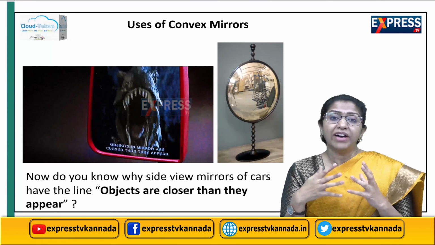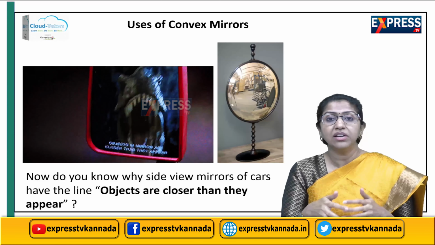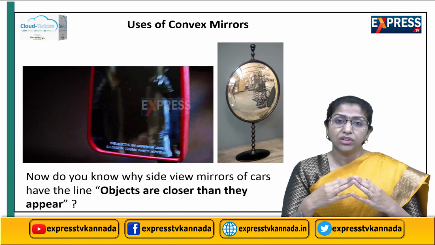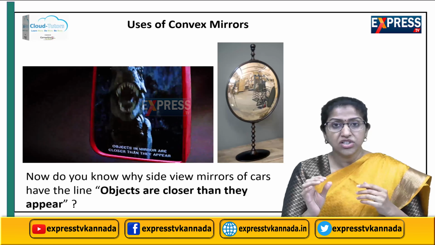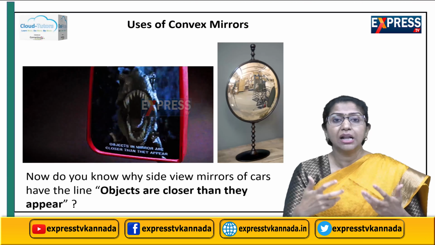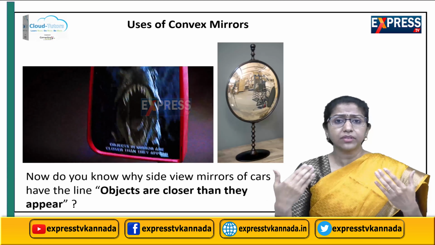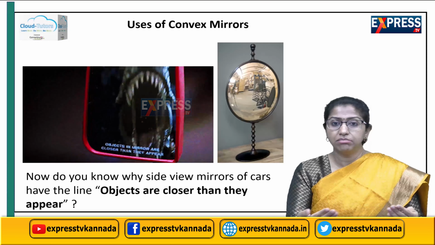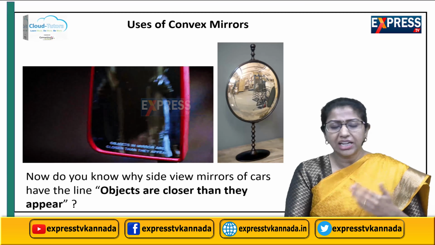So why is this used as a rear view mirror? Because it gives a very wide range of view. Even though it gives us a very diminished image, it is still a virtual and erect image. Hence, it helps us while driving, while crossing, while cycling, or on any vehicles that we use.